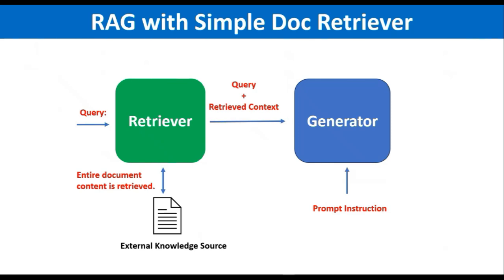Where exactly this is used in our smart recruit is, you remember there was a summary button: once you selected a particular CV in the left-hand panel, you clicked on the summary button. At that time the entire content of the selected CV is retrieved. Then it is sent to the generative model with the prompt instruction to summarize this particular CV and extract certain content from it.